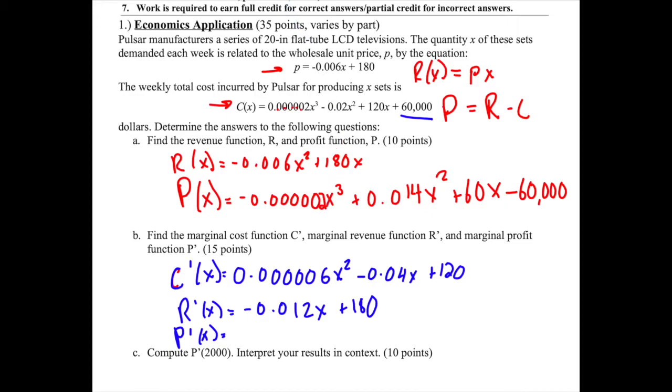That's actually pretty important. Negative 0.12345x squared plus 0.028x plus 60. And then remember the negative 60,000 goes away because you're differentiating a constant.